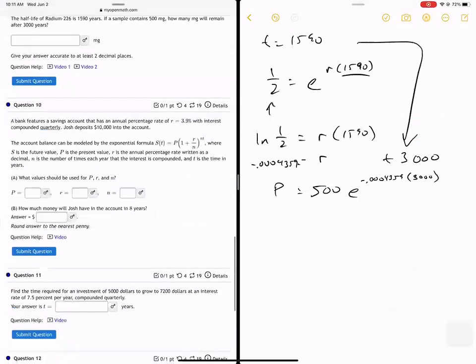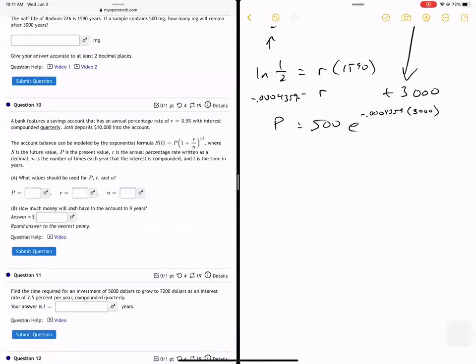Okay, the next section is all about compound interest, and you have to make sure you pick the right equation. Like for instance, number 10 says quarterly. So we have compounded quarterly: A is equal to P naught times 1 plus r over n, to the nt power. So quarterly means n is equal to 4. That's quarterly, because I pay 4 times a year.